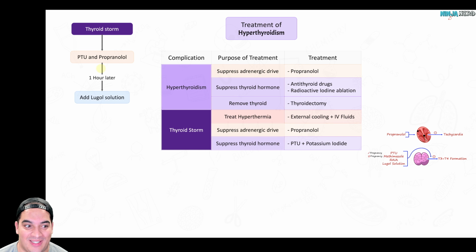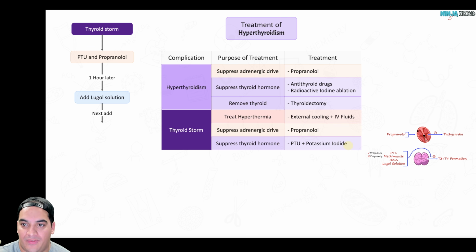Then you give them the Lugol solution, which is basically potassium iodide. It acts via what's called the Wolff-Chaikoff effect, which suppresses TPO and doesn't allow you to convert thyroglobulin into thyroid hormone. So it provides an extra little shutdown of thyroid hormone production, which is very interesting.